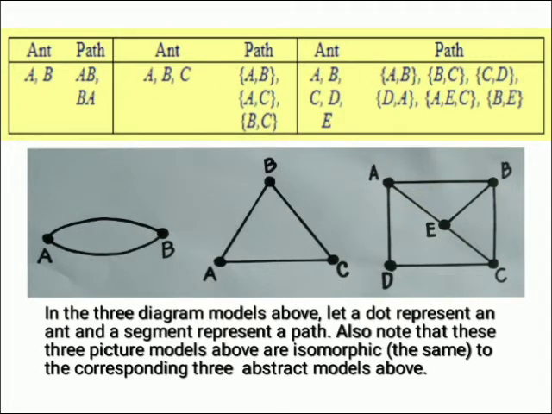So, now, explain na natin kung ano nga ba tong mga nakasaad dito. So, we have in the first model, we have ant A, ant B, we have path AB, and path BA. So, in this first model, the order of the letters of the path dito is necessary in order to define 2 distinct paths for the pair of points.